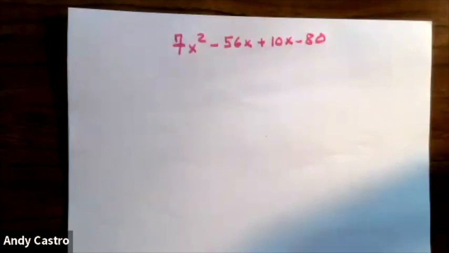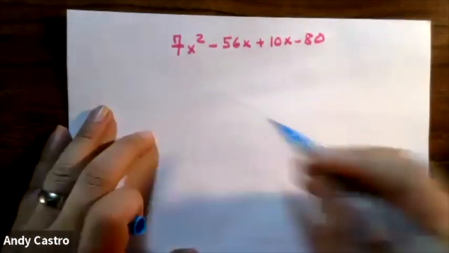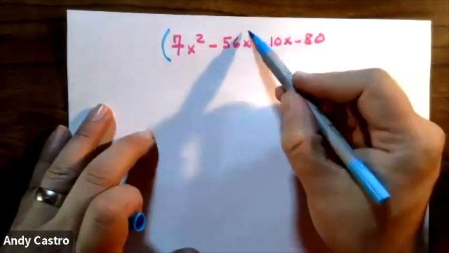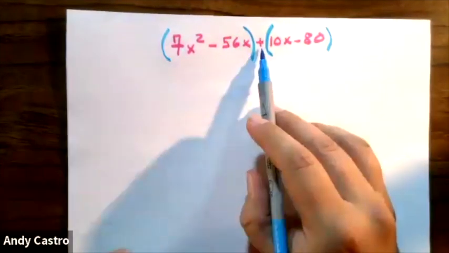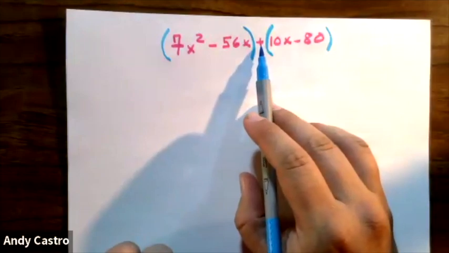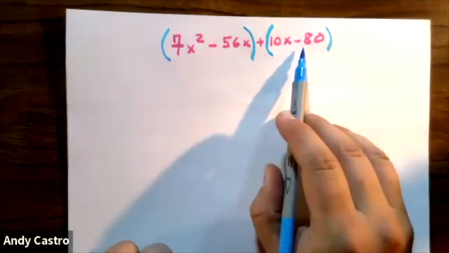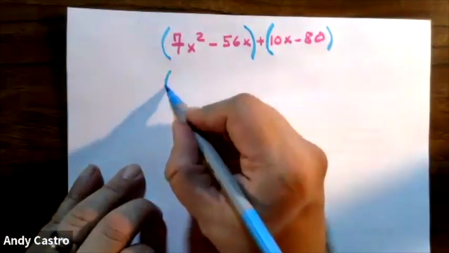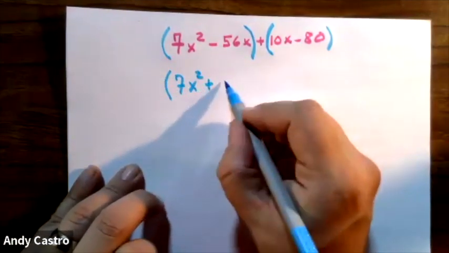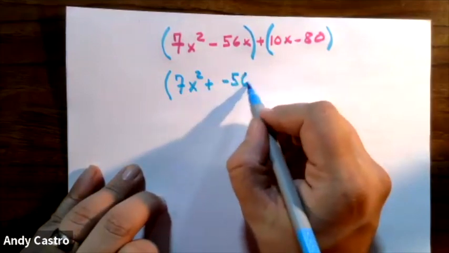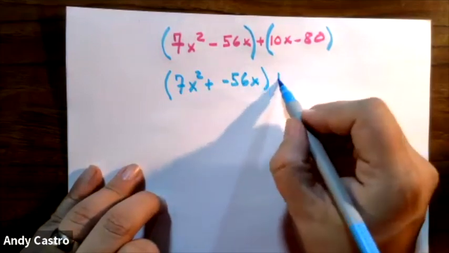Okay, so here I am going to do my grouping. I've got a plus sign right here, so I don't necessarily need to turn any of these to plus a negative, but it might be a good idea to just do it all the time until you get used to how these work.